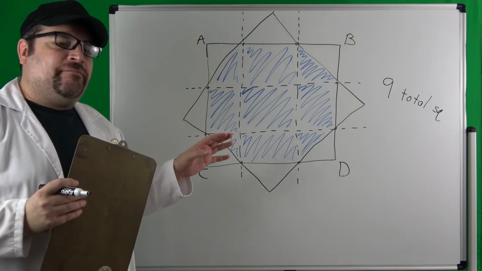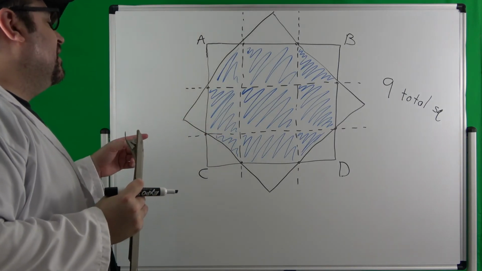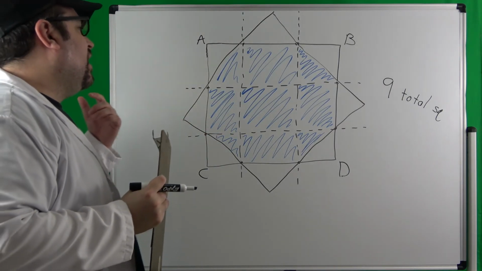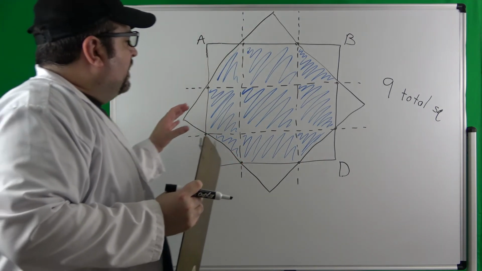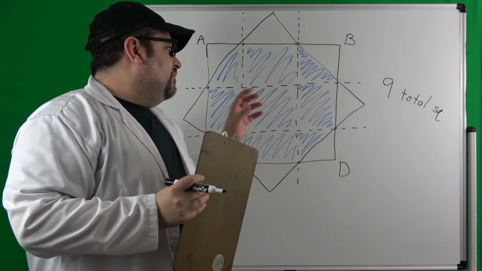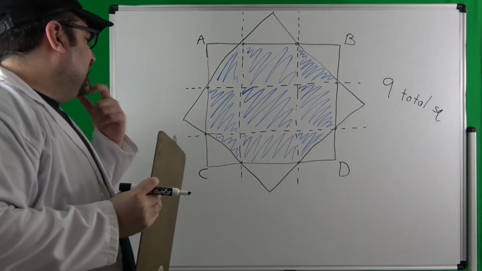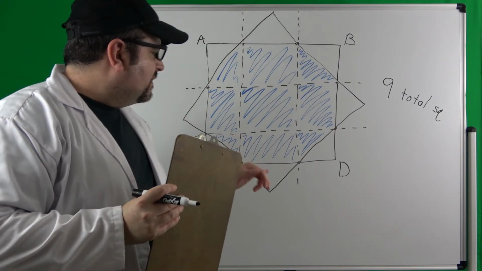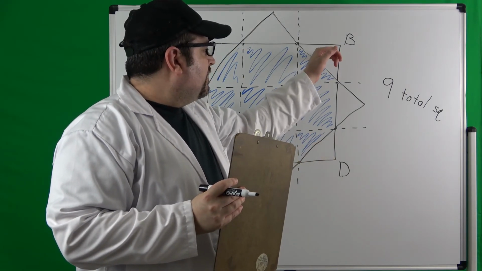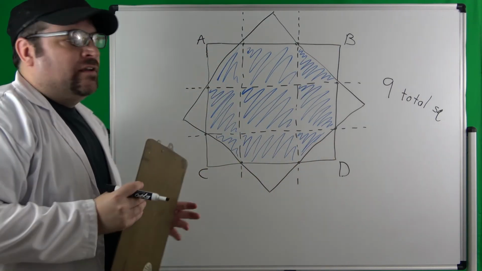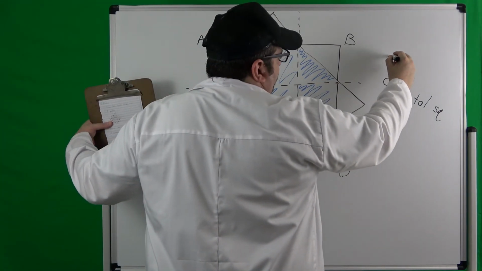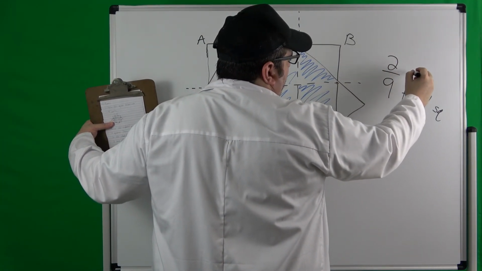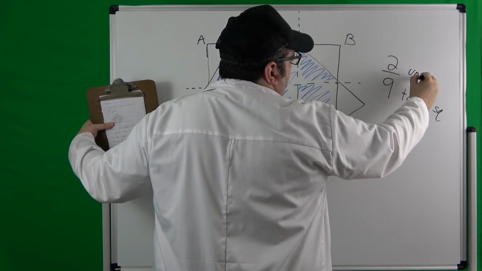And looking at that, I think it's easier to count how many are unshaded. Now, ultimately, they're going to want the area of the square that is shaded, but first let's just get the one that's unshaded. Well, there's half here, half here, half here, half here. So that's 2 unshaded.